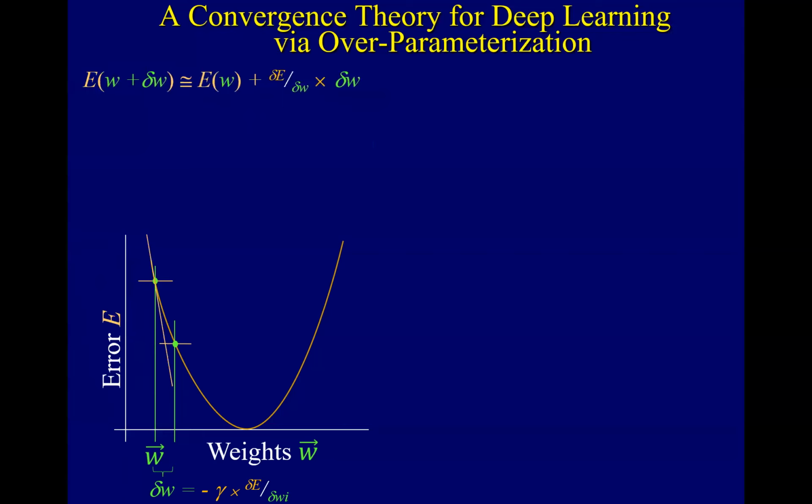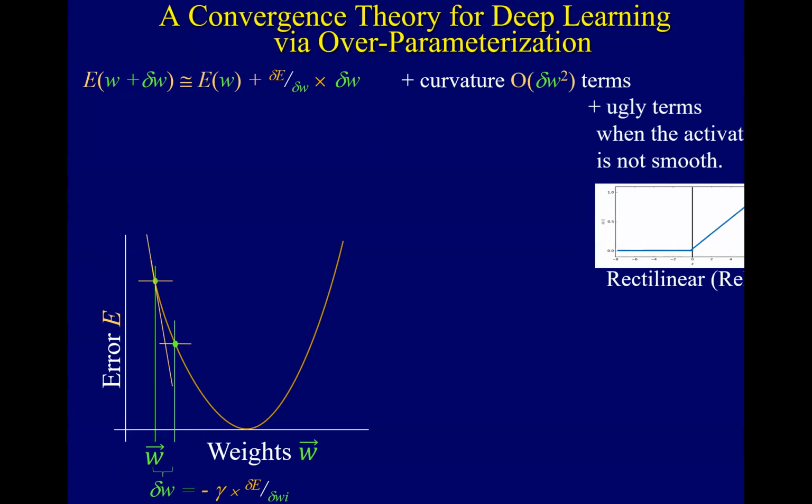All right, so now we know the error here, we need to calculate the error here. And of course, the first step is you do a linear approximation, right? So you shift by a small amount, and so you have the old error plus the derivative times the step size, right? But that's clearly not necessarily good enough because it's curved. And so you have to add on the second order Taylor term, right?